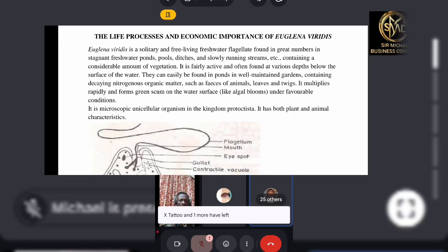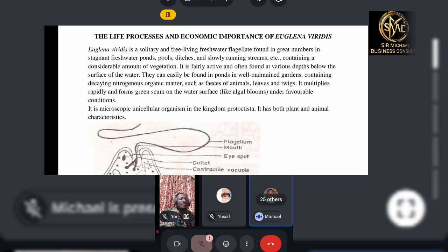So Euglena is a solitary and free living freshwater flagellate. Most of you might have heard this word for the very first time. It comes from the word flagella, and flagellum is what you see here, the shape where I am moving my mouse pad around. That is the flagellum of the Euglena.